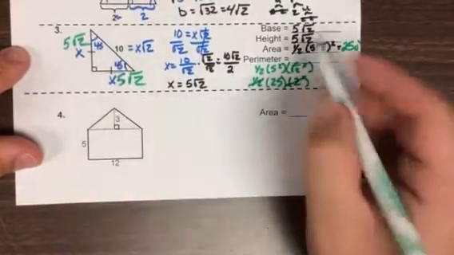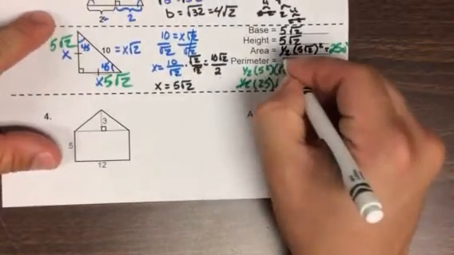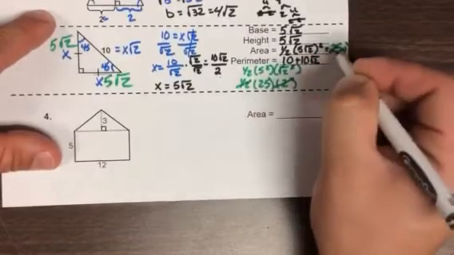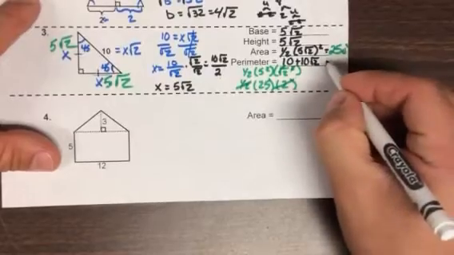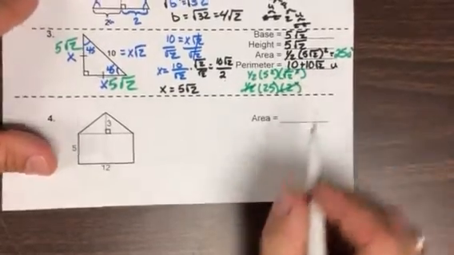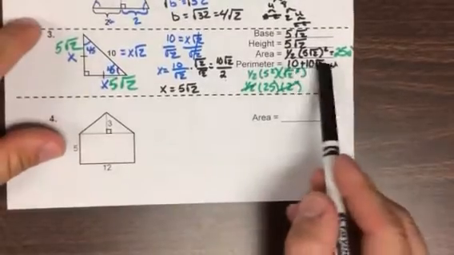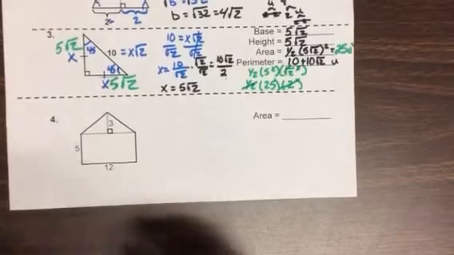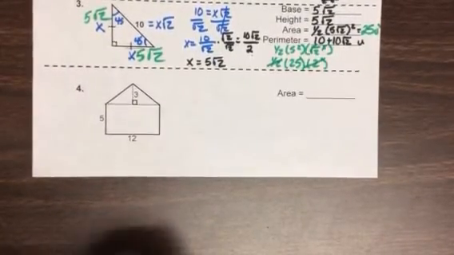Unfortunately, I can't add these 2 pieces, so I'm going to say, let me go back to a different color so you can see it, 10 plus 10 radical 2 and leave that as my final answer. 10 plus 10 radical 2 units. Those 2 pieces will not go together without making an ugly decimal, and we don't need to do that right now. Let's look down below at example number 4.